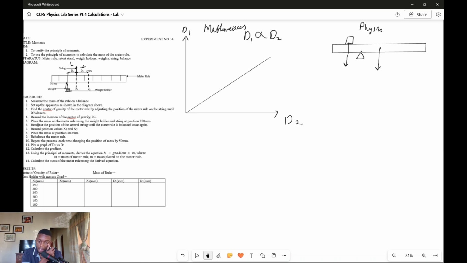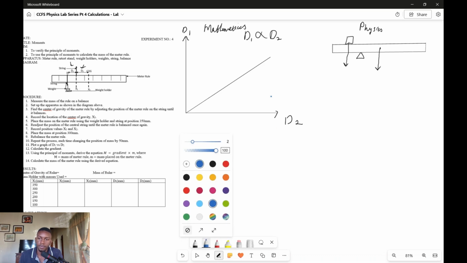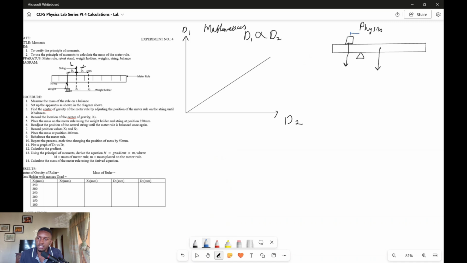The distance between our mass and our fulcrum is D1. And the distance between where the weight of the ruler is acting, the center of gravity, and the fulcrum is D2.